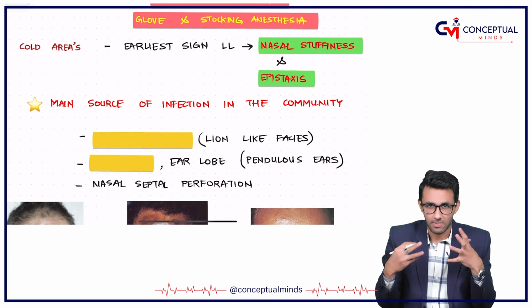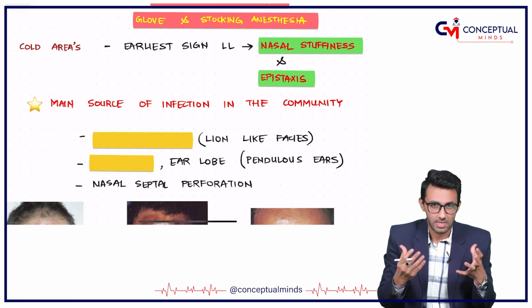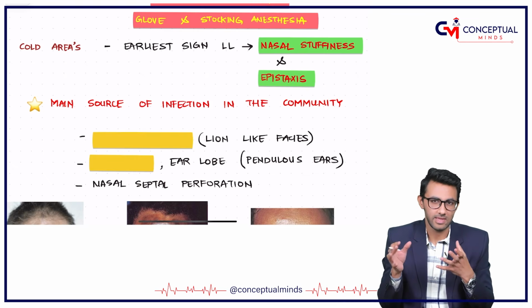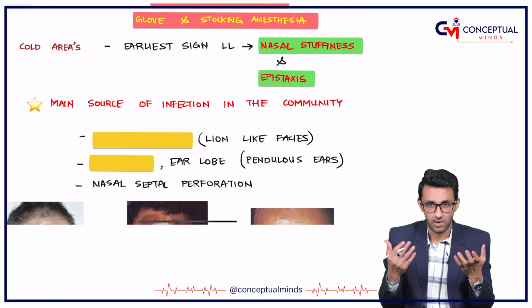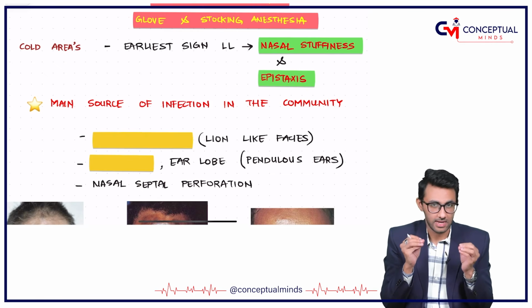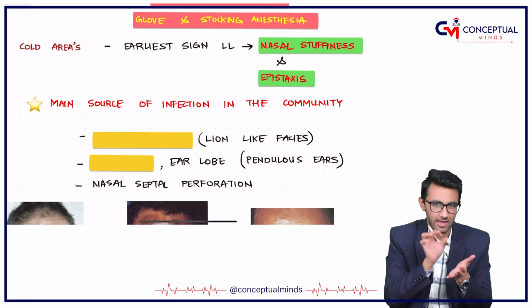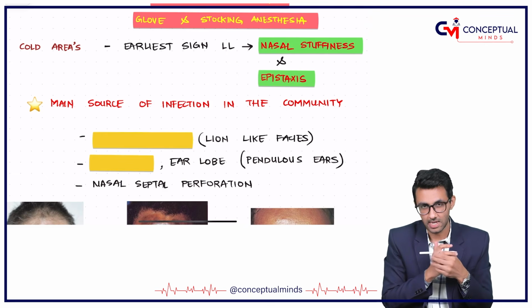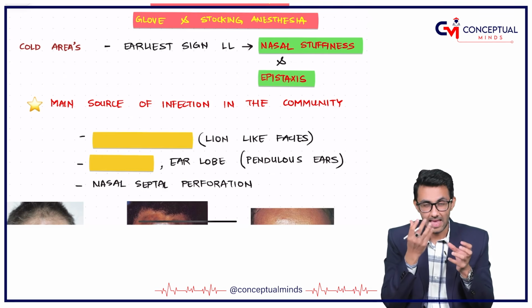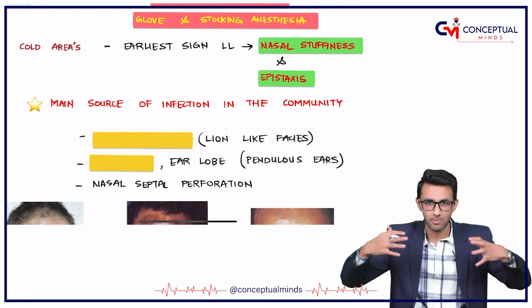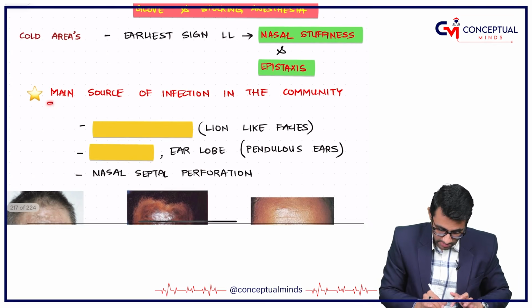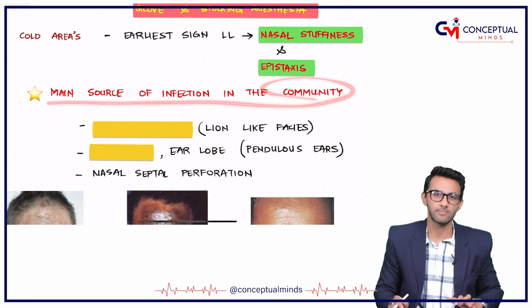If the person has leprosy and the lesions are active, and down the line when we read about the histopathology part, we will know how to identify active and inactive lesions. But for now, active lesions with epistaxis would just keep on spreading. It will cause mayhem in the community, right? This becomes a main source of infection in the community.